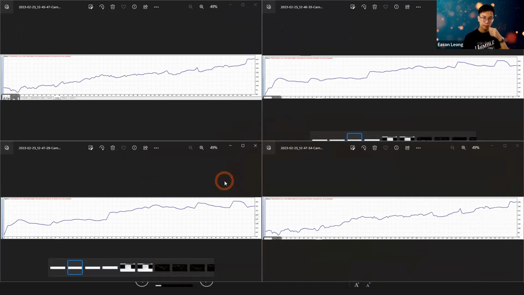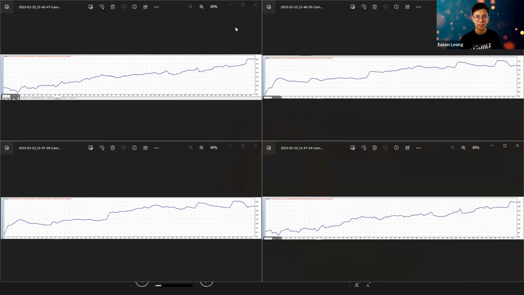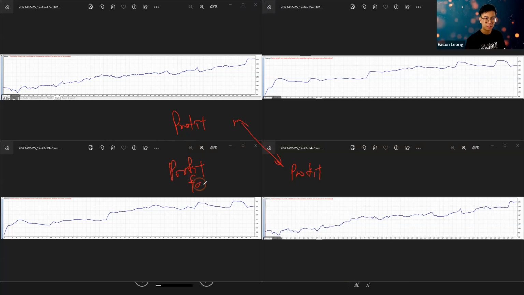Now, looking at the pictures over here, which one will you guys pick actually? I found that these two are very similar. This is from profit, this is from the profit, this is on the profit factor, and this is for the expectancy.